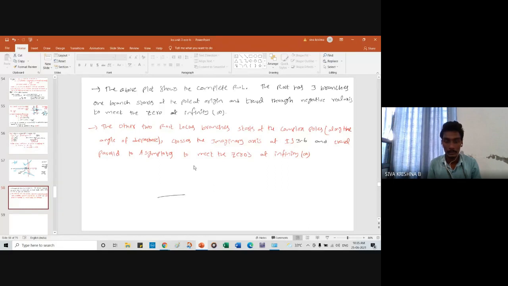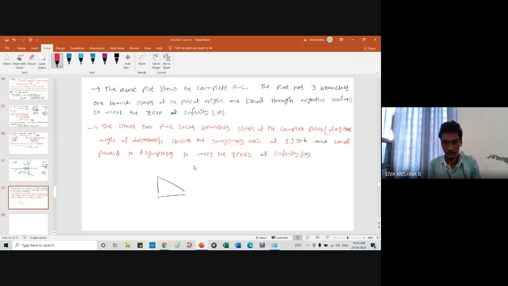Anyone find this? This is 2, this is 3, and what is this value? What is this value now? Anyone? Please wait.